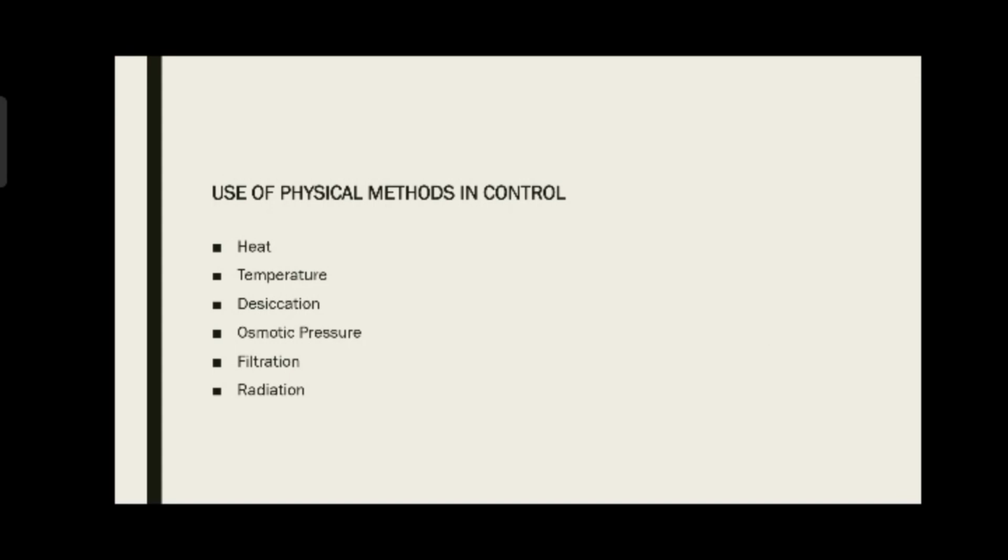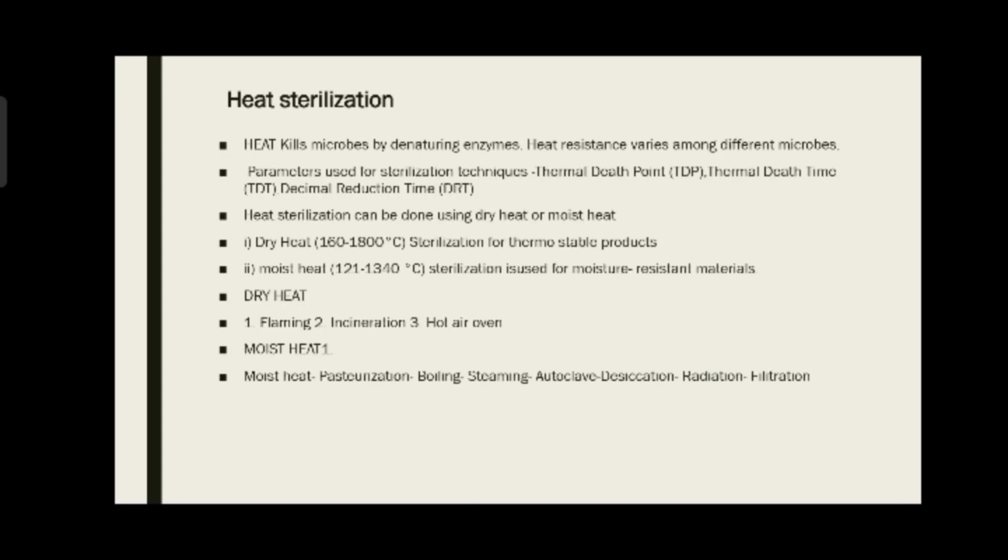Next, the physical methods for the control of microbes. Some common physical methods used for controlling microbial growth include the application of high temperature, that is heat, desiccation, filtration, radiation and ultrasonication, etc. First one, heat sterilization.